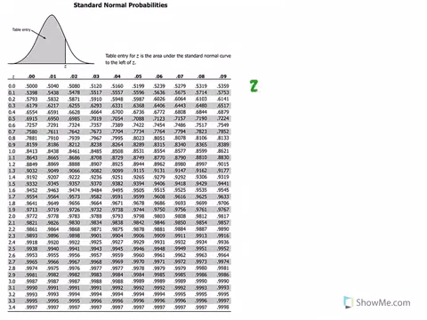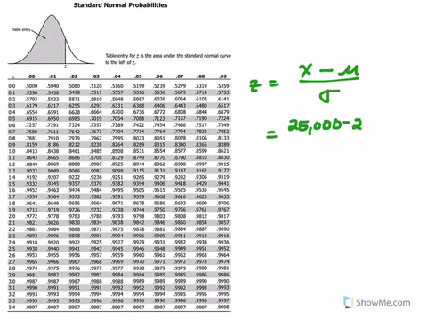So our z-score of 25,000, we know that the formula is the data minus the mu over our standard deviation, is going to be 25,000 is the data point. The mu was 20,300, and we divide that by our standard deviation of 3,200.